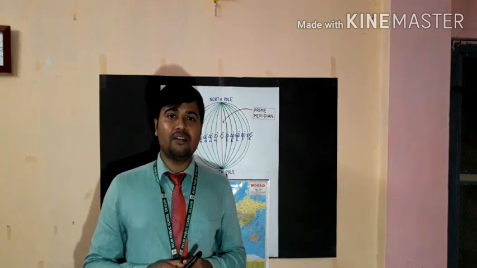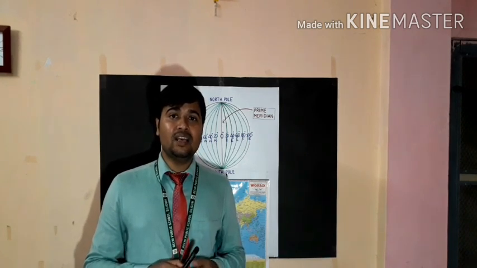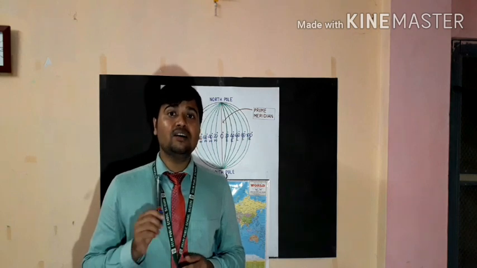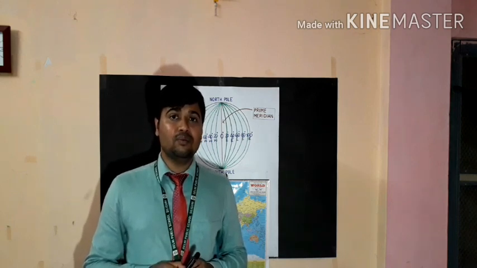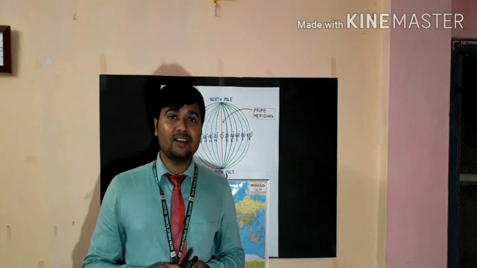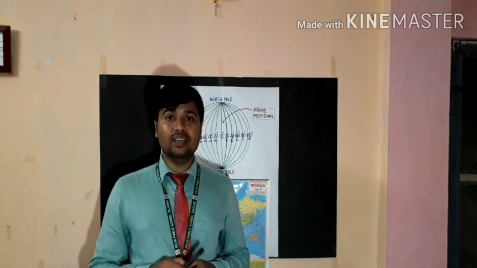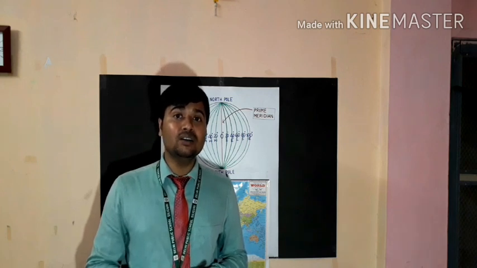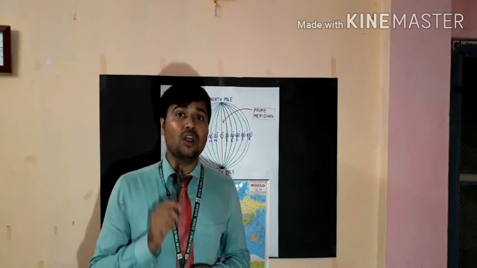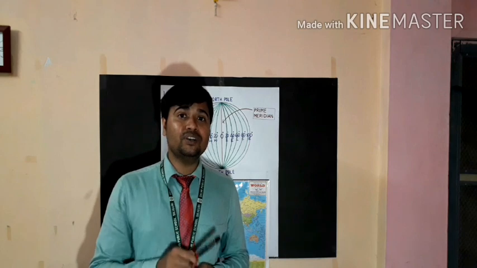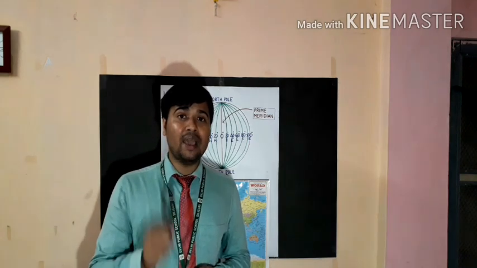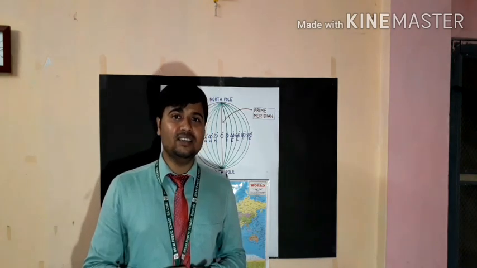So these are the differences between latitudes and longitudes. But the important fact about latitude and longitude is that they help us locate any particular place on the map very easily.